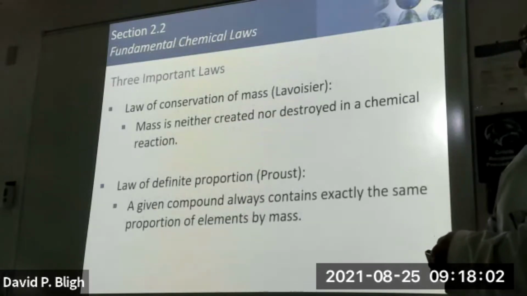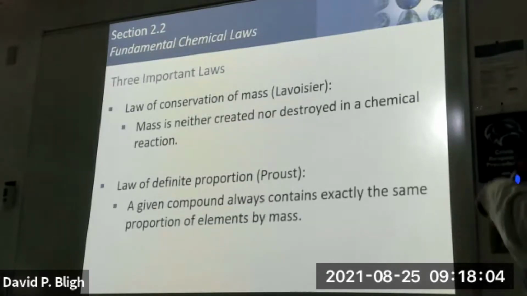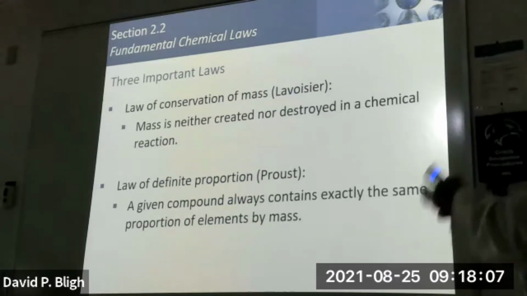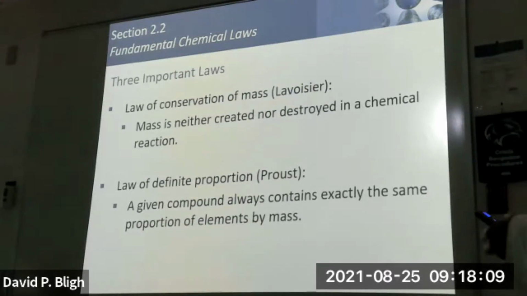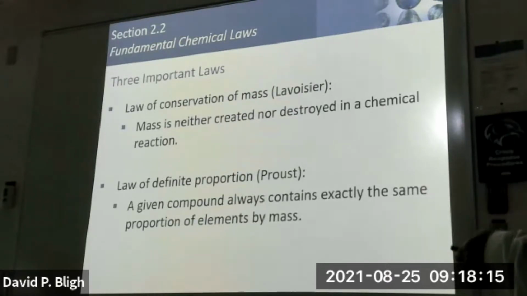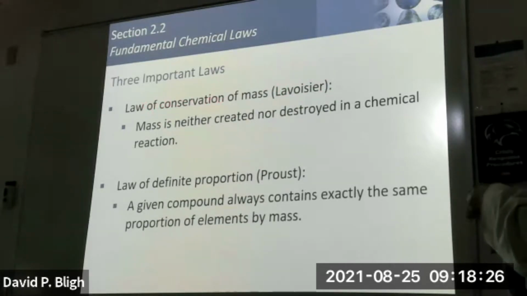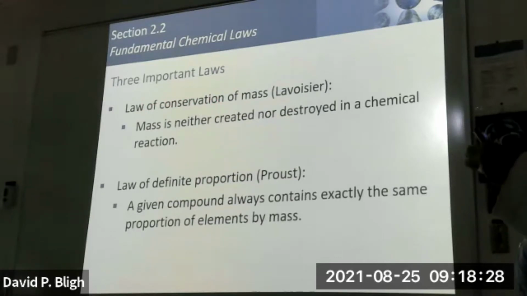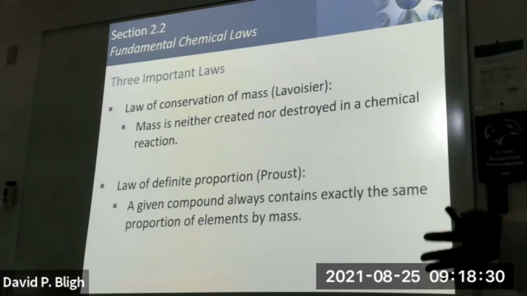Okay, so in the middle part of the 18th century, Lavoisier, who was a Frenchman, also did some experimentation, and he concluded that during a chemical reaction, matter is not created and it's not destroyed, either one.